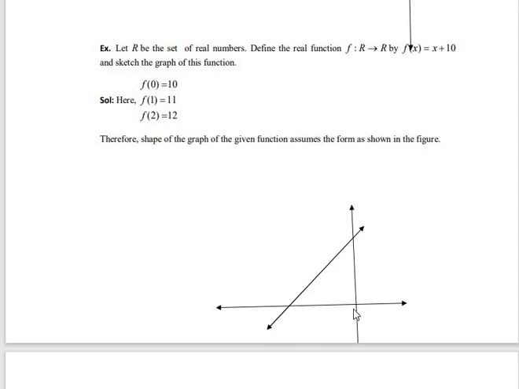Now put the values of x and y and join the points. Then you will get this type of line. So this one is a particular example of a function. You will have some more examples; I will solve some more examples of a function. So this is a simple example of how to solve questions from this part.